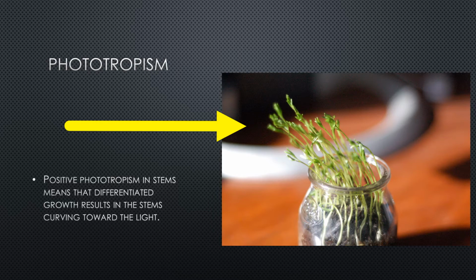If you put a plant in a window, naturally the shoots, which means everything above the ground, are going to grow towards the direction of light. And we call that positive phototropism. So in other words, the differentiated growth is towards the stimulus. If it were away from the stimulus, that would be a negative tropism, but this is a positive tropism.